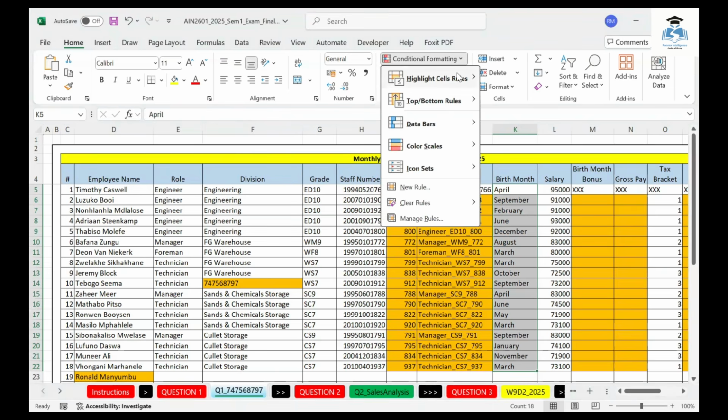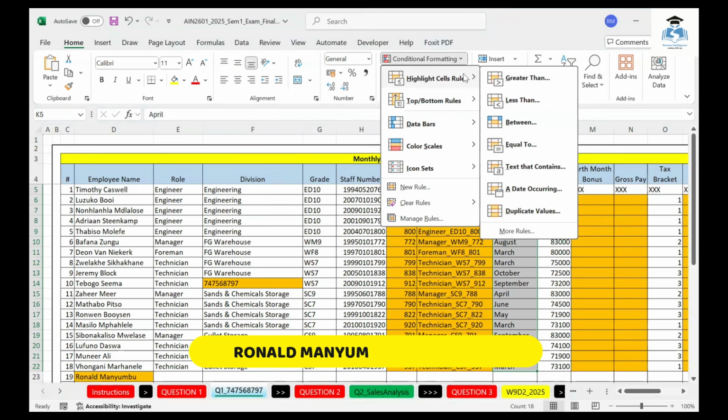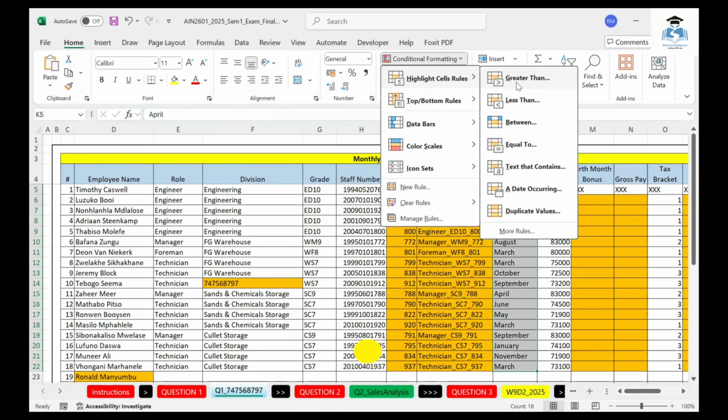Then highlight. And then you go to a day. Don't you choose here?